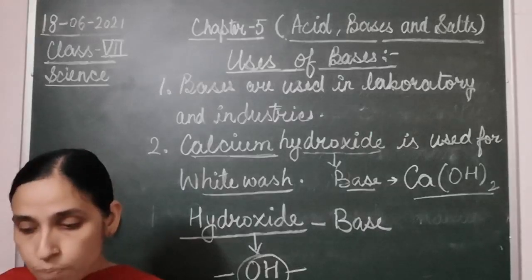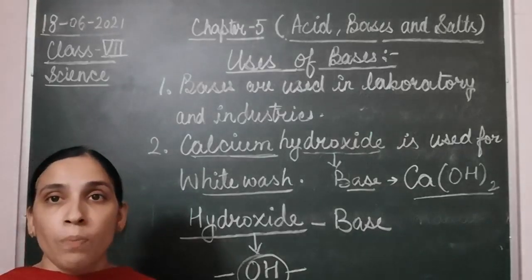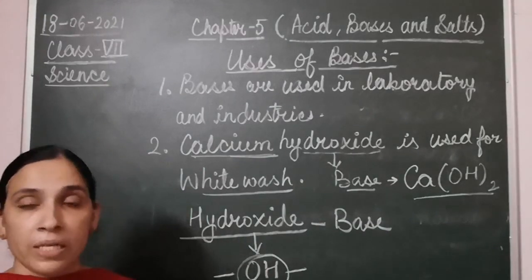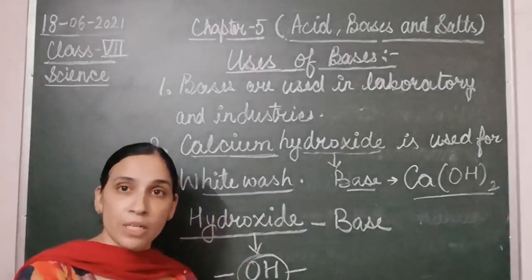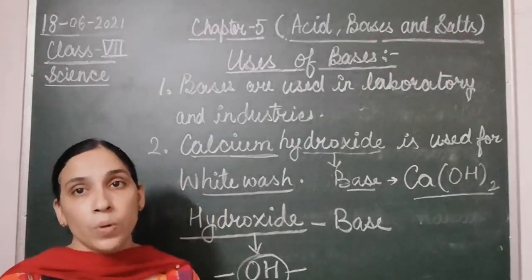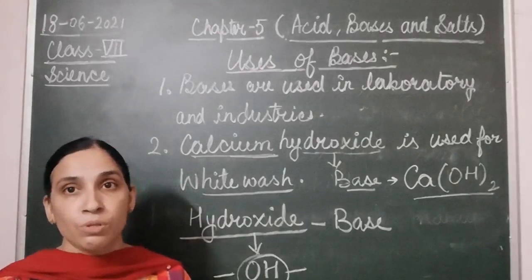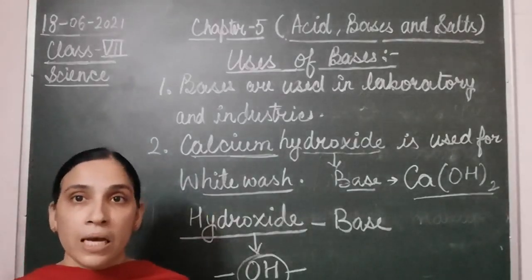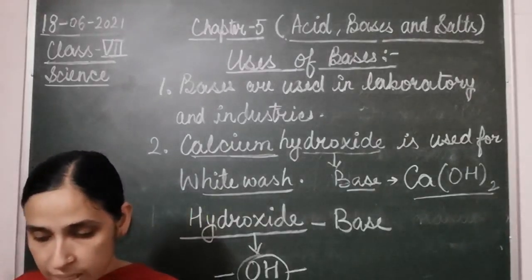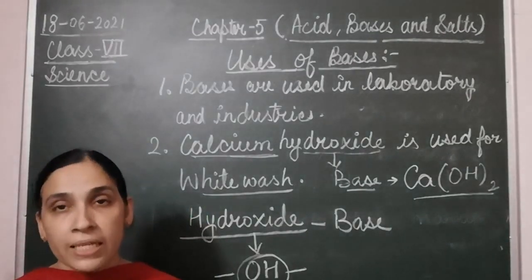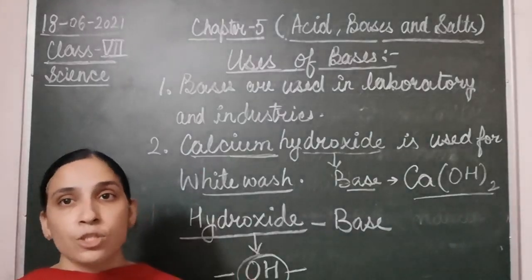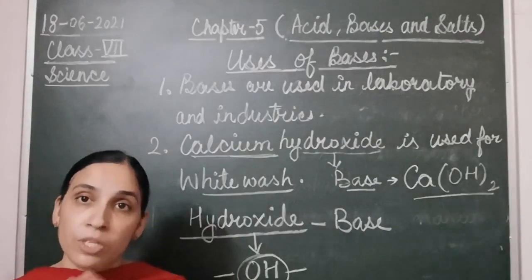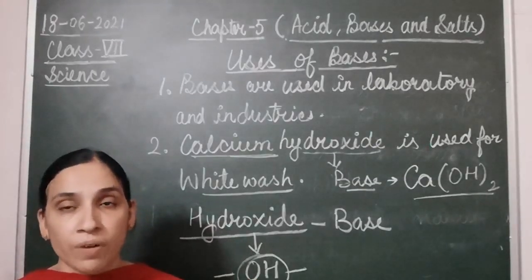Tomorrow we will start with the differentiation between acids and bases on the basis of these properties. We have already finished with the properties of acids and of bases. Tomorrow we are going to start with the difference between acids and bases, how they react, and then we will do a short exercise, which will help you understand how well you understand the concept of acids and bases.